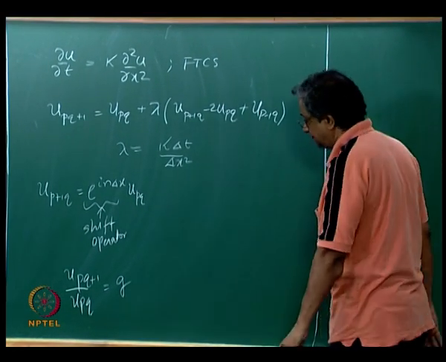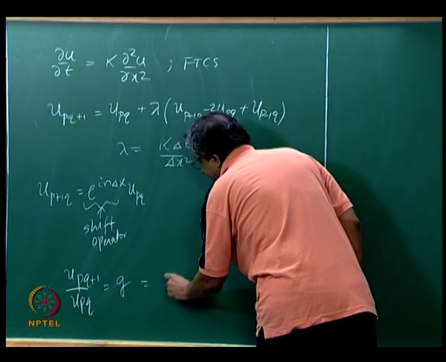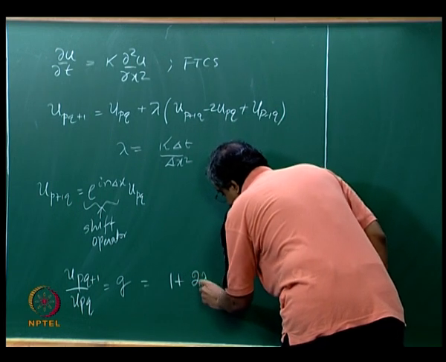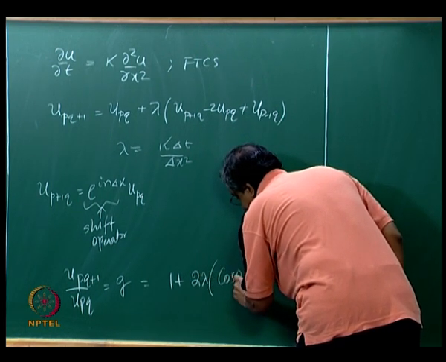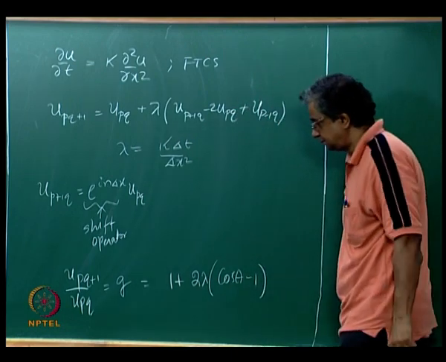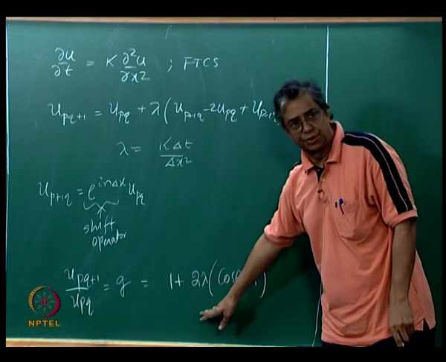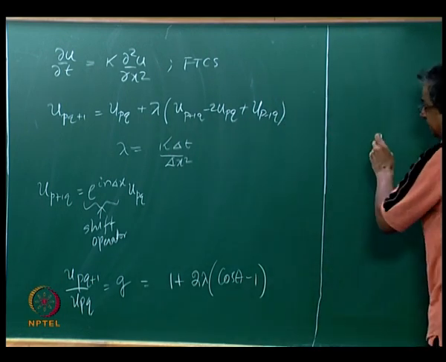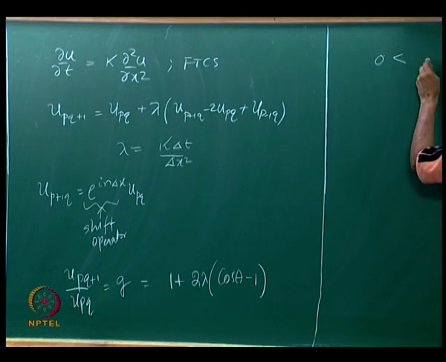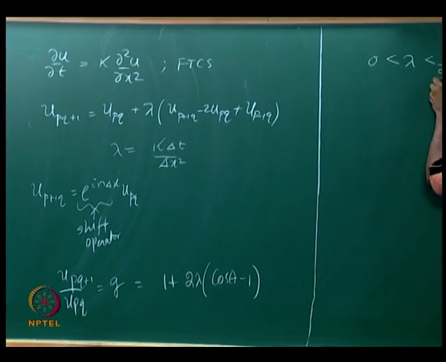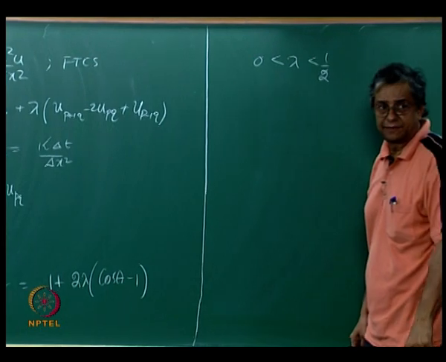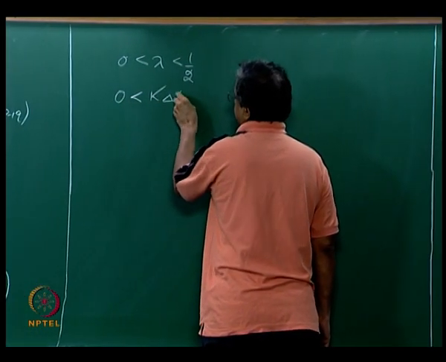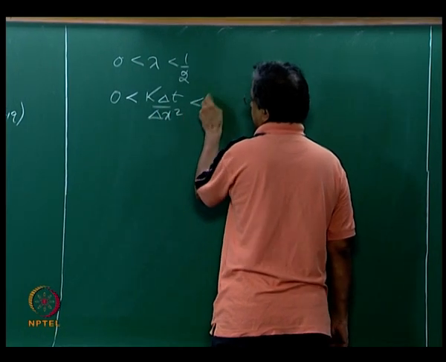What did this work out to be? 1 plus 2 lambda times (cos theta minus 1), and we wanted the modulus of this to be less than 1, and therefore we got the condition that 0 less than lambda less than 1/2. Is that fine? That is 0 less than kappa delta T by delta x squared less than 1/2.